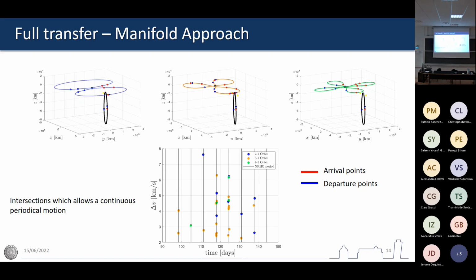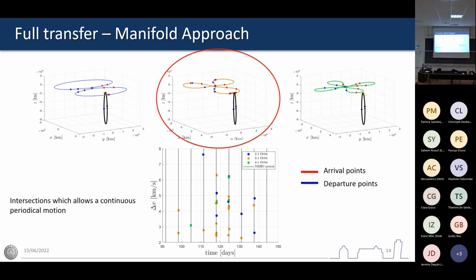So basically we are on the resonant orbit, we leave the resonant orbit, we go in the proximity of the intermediate orbit, then we reach the NRHO, we are sure that we can find the target there, and then we leave the NRHO, and then again.